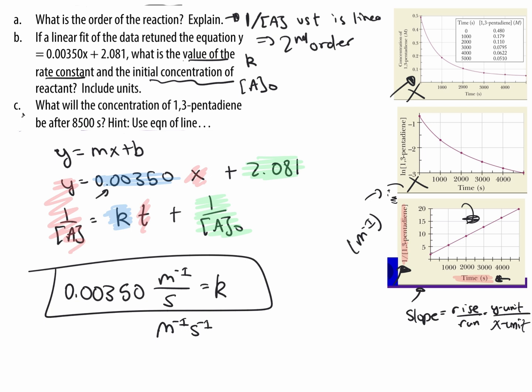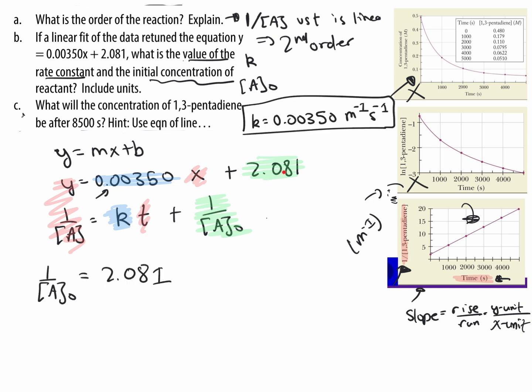Next, what about the initial concentration? For that, I can use this relationship: 2.081 is equal to 1 over A naught, from lining up these two positions in the equation. 2.081 though does also come with units. Remember that the y-intercept is the value of the y-axis when I cross 0. So because the y-axis has units of molar to the minus first, this 2.081 has the same units, so 2.081 molar to the minus first.